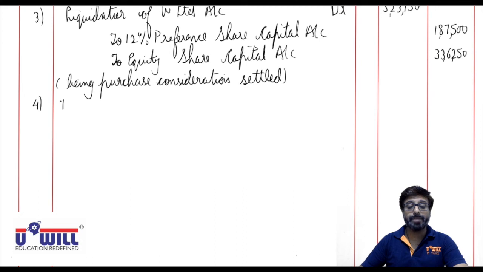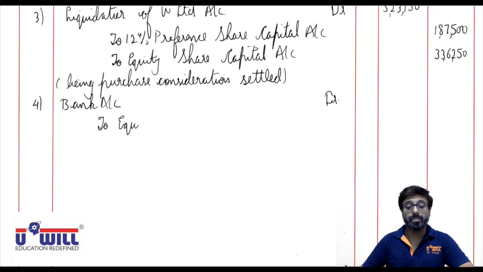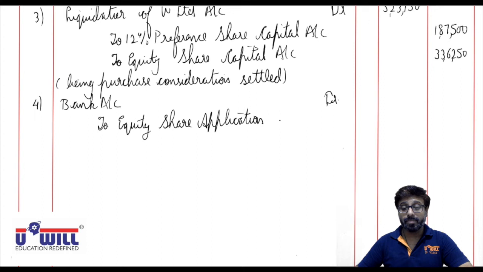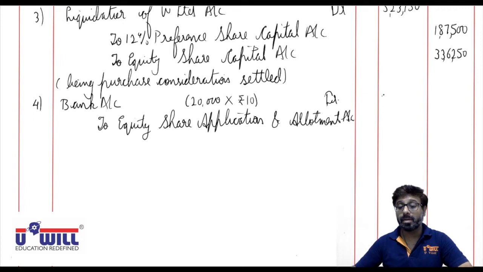20,000 into 10, 2 lakh will be the value. Bank account debit to equity share application and allotment account 20,000 into 10, 2 lakhs. Being application money received.